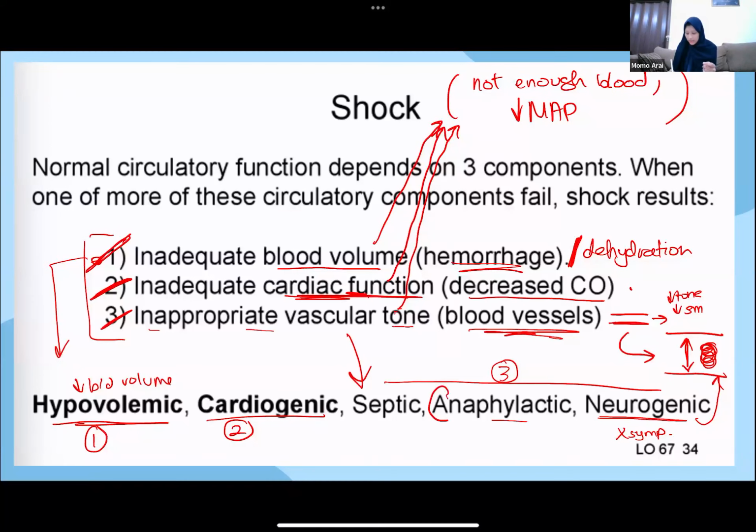Now, septic and anaphylactic. Anaphylactic, from the letter A, you can remember it as for allergies or allergic reactions. For example, someone is exposed to drugs, like medication, or food that they're allergic to, right? You will see on their bodies swelling, redness, right? So that's a result of blood vessel dilation.